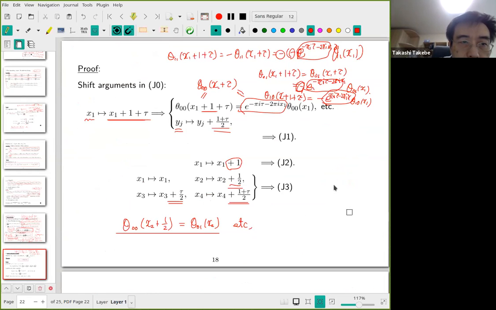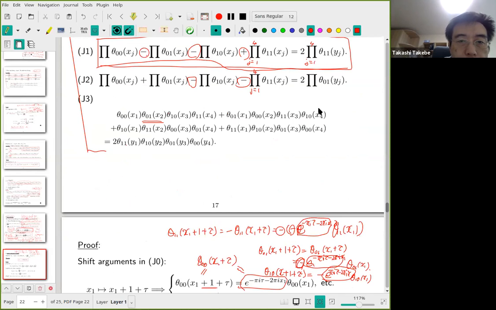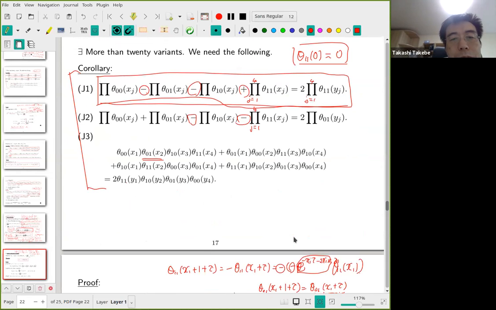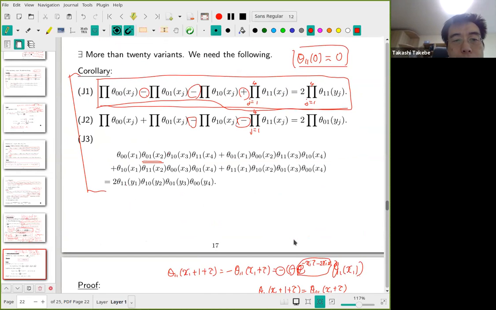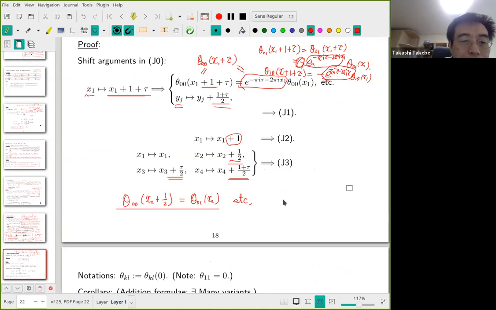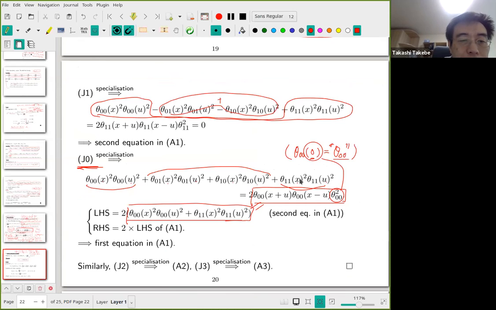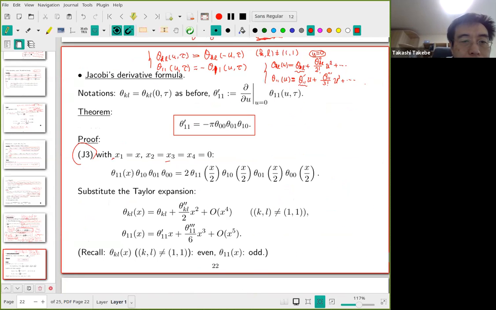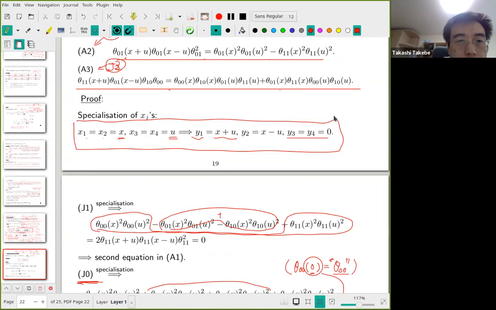J3 is this quite complicated looking formula, but if we specialize variables like this, especially this is important, 3 variables are fixed to 0. Then what happens?